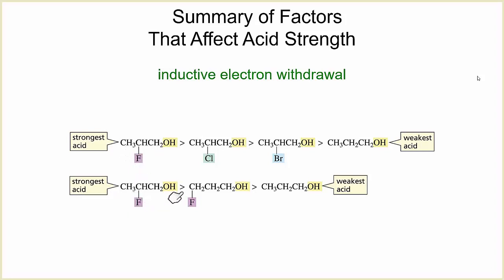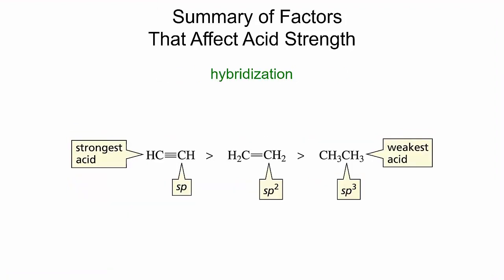And if you're looking at the same electronegative group, then it's the distance from the acid functional group that determines how strong the acid is. And finally, it's the orbital effect, that is the hybridization, and this is the O of the REO. If it has two groups on it, it's sp hybridized, and the atom's the same, like it's carbon, then it'll be more electronegative, and as a result produces the strongest acid.